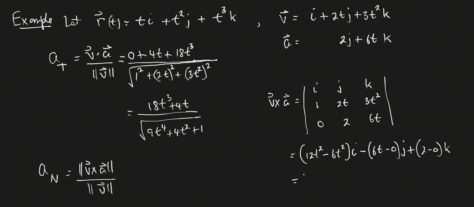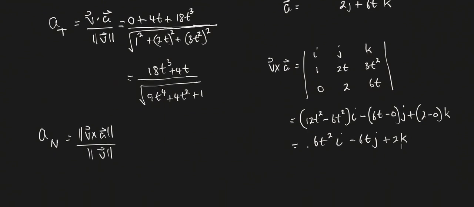So this is what we're left with for the components of the cross product. So we have 6t squared i, and then minus 6t j, and then plus 2k, right?